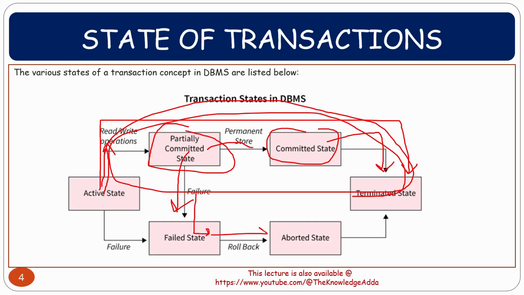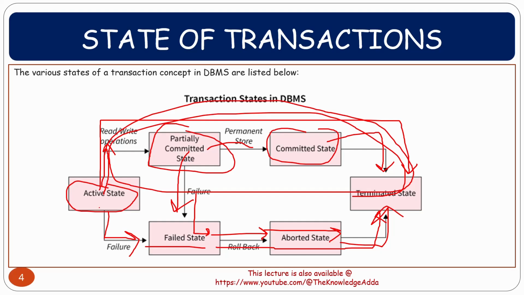Then rollback means whatever the state of the database was earlier, before the execution of that particular query, that will be restored, the query will be aborted, and that comes under the terminated state. This is the second. Third, what happened? Suppose you are writing a query and there is a power failure or something crashes, then your transaction fails, and that comes under the failed state, rollback, aborted, and terminated. So basically there are three scenarios you can see.